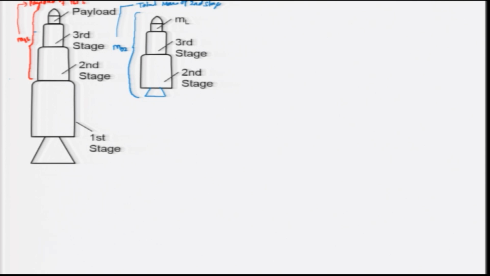As I told earlier, this total mass starting from here is m01, and for the first stage it includes the structural mass and propellant mass of the first stage.